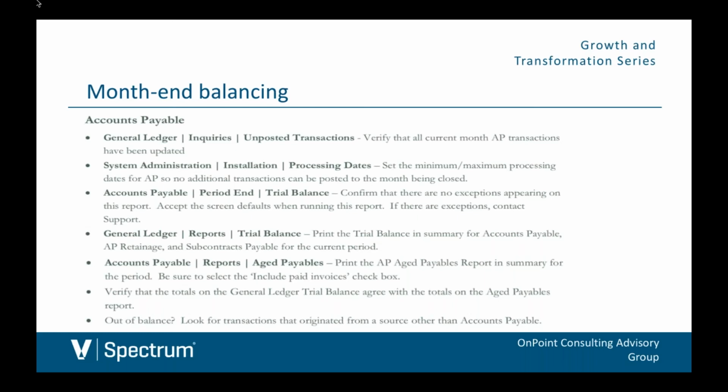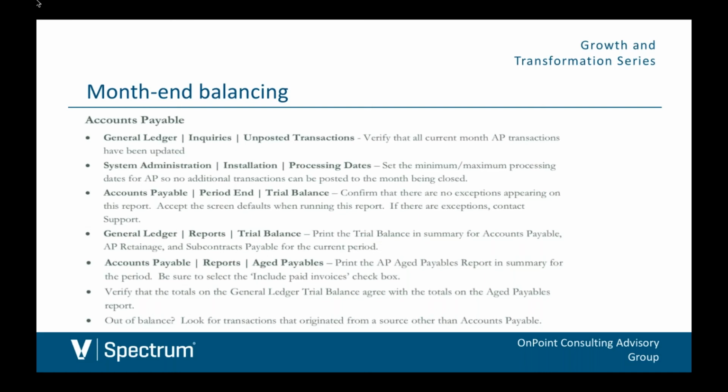Then in accounts payable specifically, you go to period end, and there's a report called trial balance. You can run this report for exceptions only. As long as there's no exceptions, then you can move on.